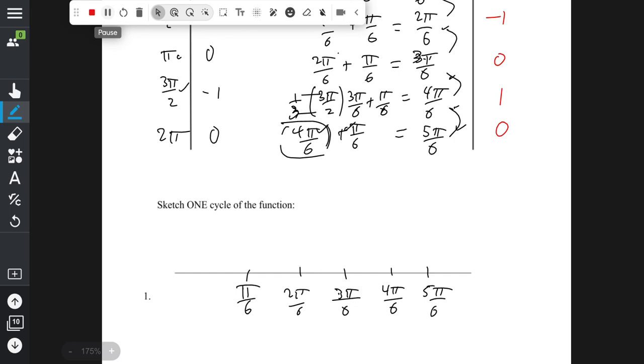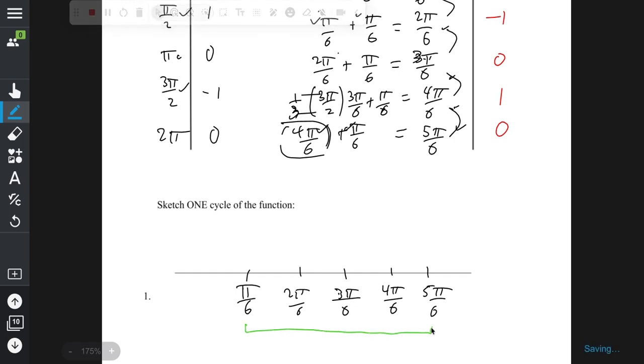And by the way, we did say that 1 full period is 2 pi over 3, which is the same as 4 pi over 6. And we do move 4/6. 1, 2, 3, 4. So that matches with our answers.